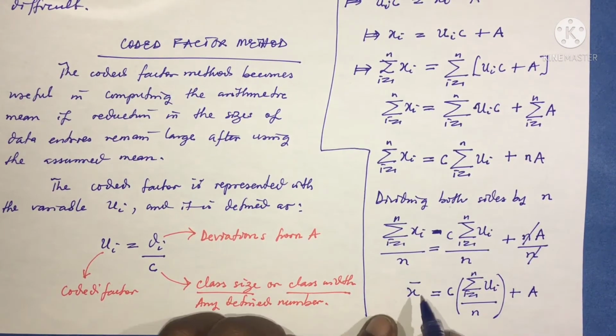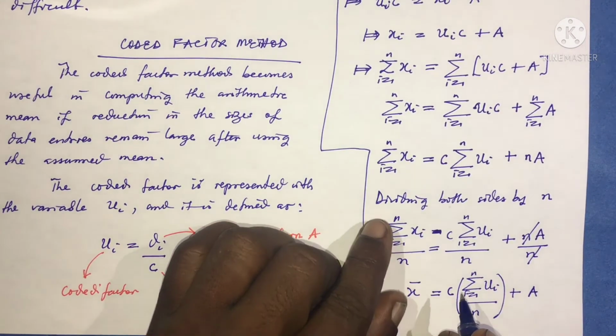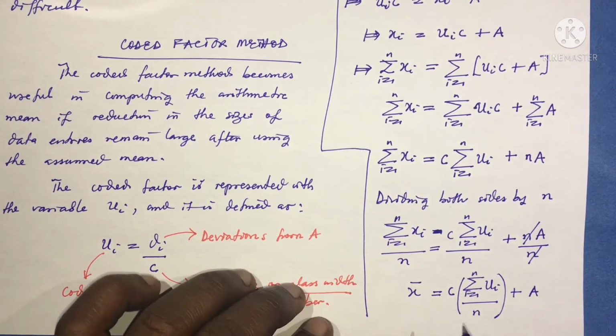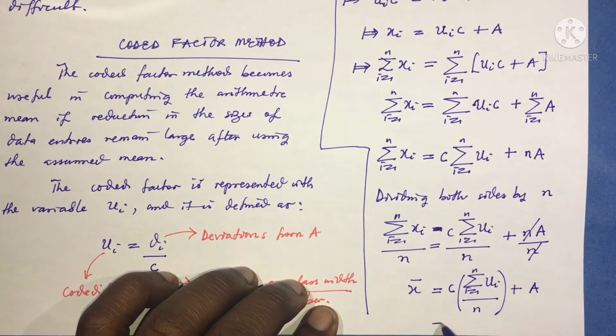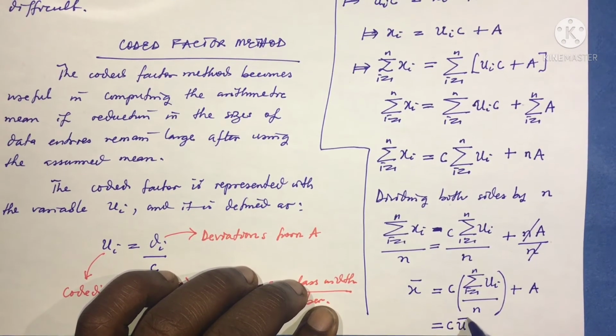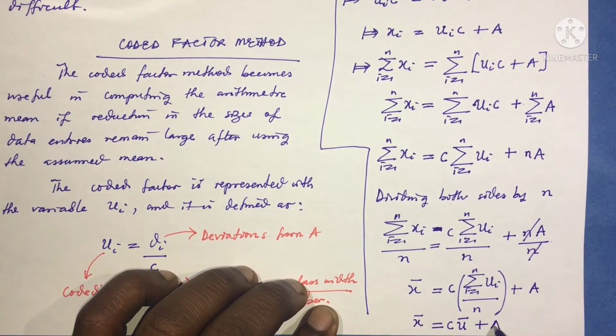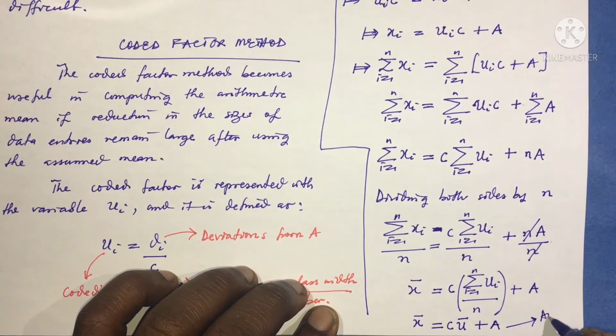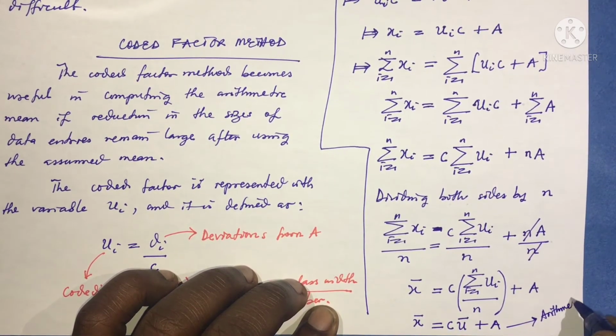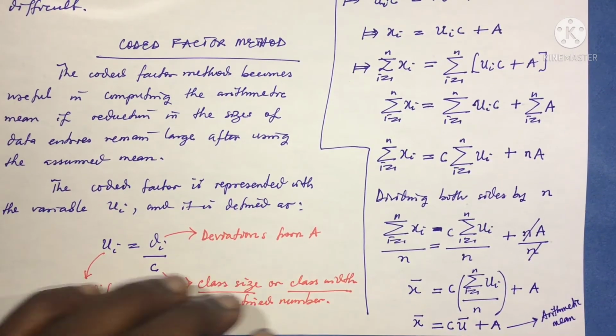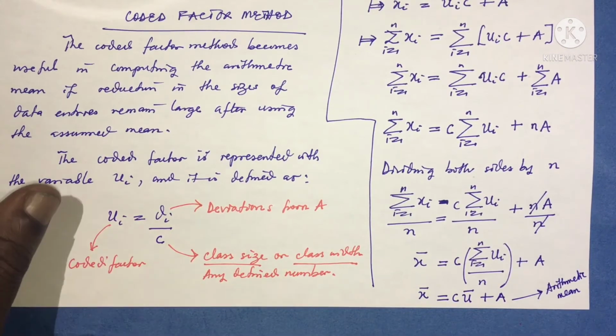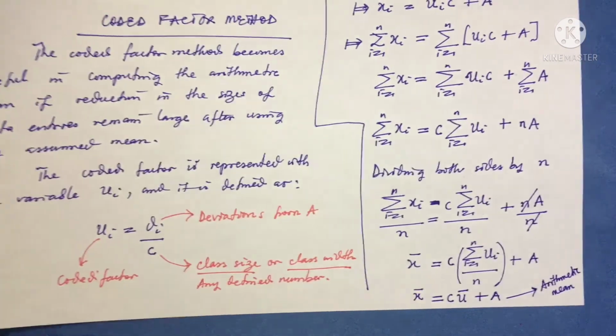So if x bar is defined as summation from i equals 1 to n of all xi's all over n, then it means what we have in this bracket can also be defined as u bar. So x bar equals c u bar plus a becomes our arithmetic mean for a case with no frequencies using the coded factor method.